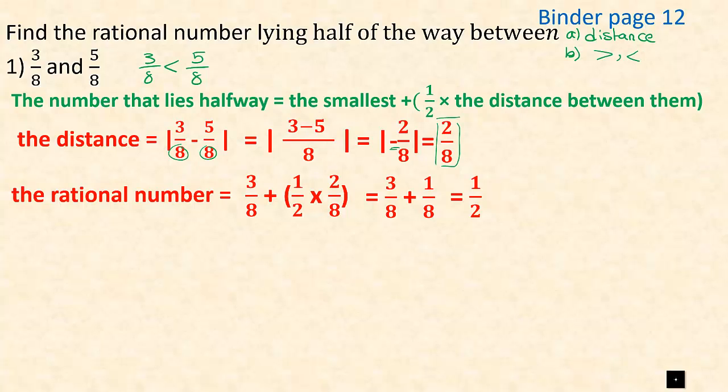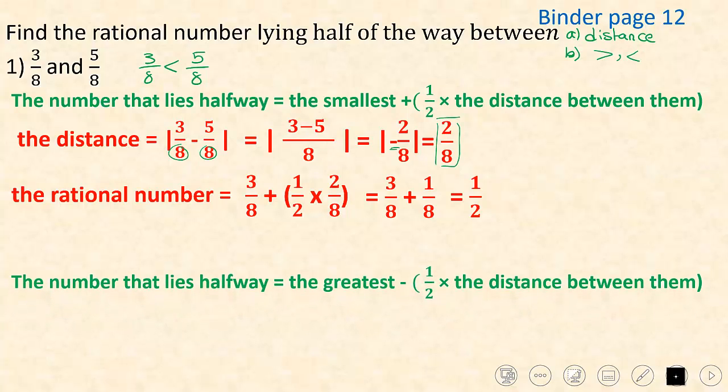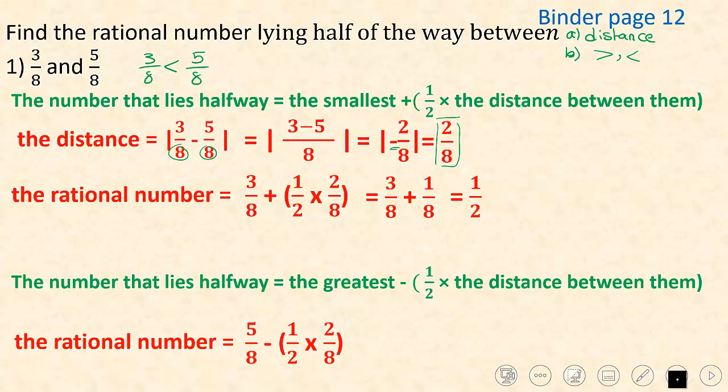But let's do it to make it more clear. The number that lies half the way from the greatest side is equal to the greatest number, which I know is 5 over 8, minus half times the distance, which I calculated to be 2 over 8. So it equals 5 over 8 minus half times 2 over 8. Again, when I see a bracket in mathematics, I go and solve it first.